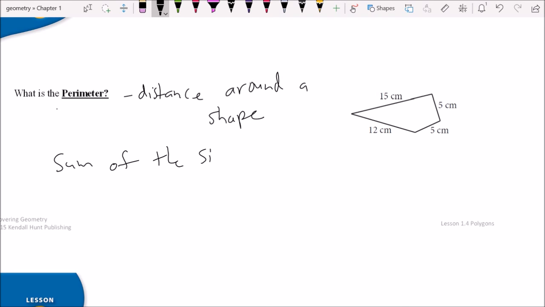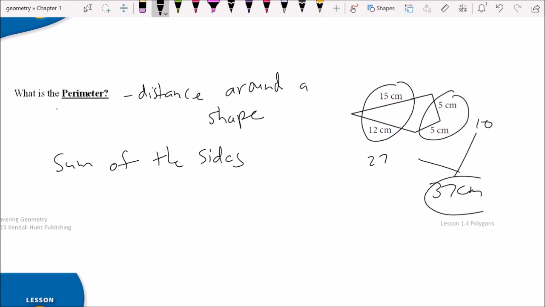And remember, sum means adding them together. In our case, we would add these together, and my mental math: 5 plus 5 is 10, and 15 plus 12 is 27. Add 27 and 10 together, that's 37 centimeters. That is perimeter. Hopefully that's review for you.